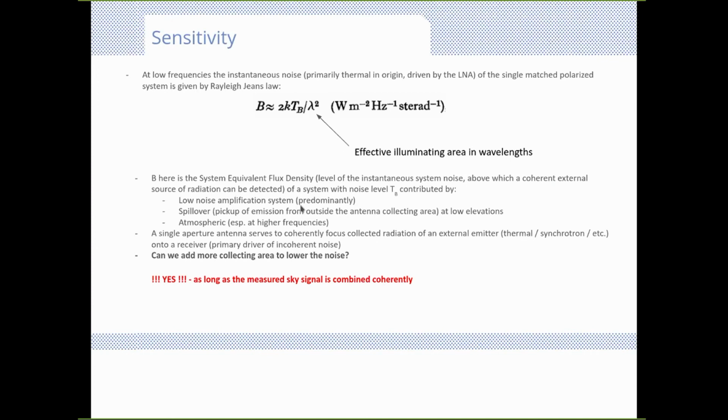In total, that is the effective temperature of the measuring device, and that's what we mostly see for any instantaneous measurement. So let's say for a single 8-second measurement on MeerKAT, you're mostly going to see just noise, and that noise is going to be driven primarily by your low noise amplification circuitry in the system.